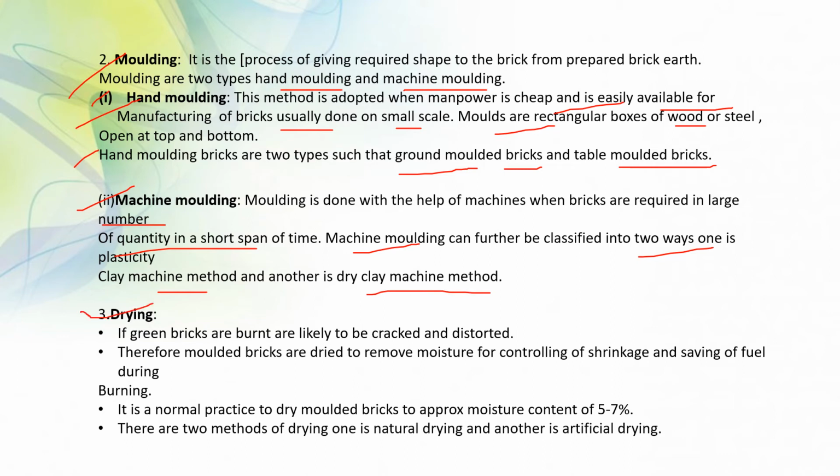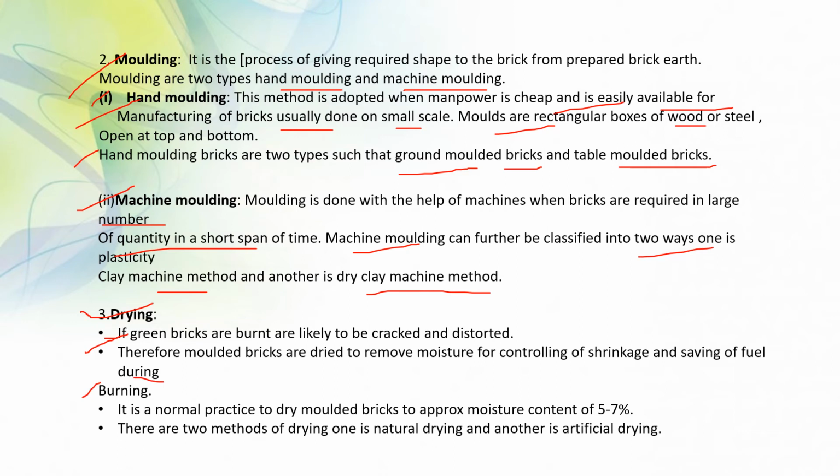Next, number 3, drying. What is drying? If green bricks are burned, they are likely to be cracked and distorted. Therefore, molded bricks are dried to remove moisture for controlling shrinkage and saving fuel during burning.